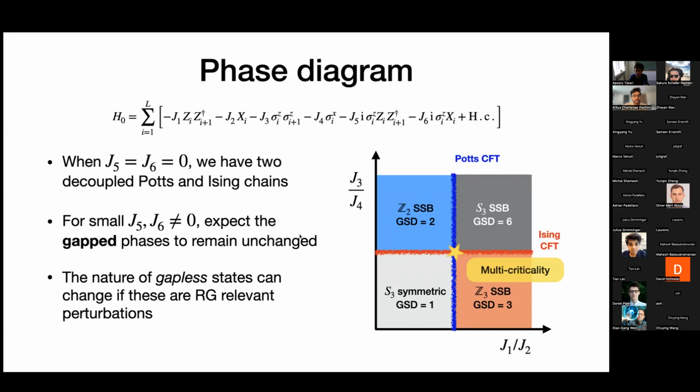Moreover, the gapless states will also remain unchanged if these perturbations are RG relevant. It turns out in this case they are. I'll not go into the details of that, but the point is that this phase diagram remains basically unchanged for small J5 and J6, all of it, not just the gapped parts.